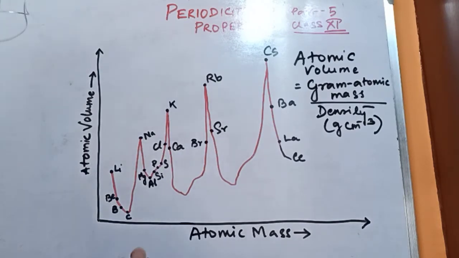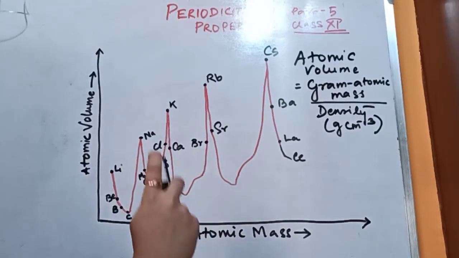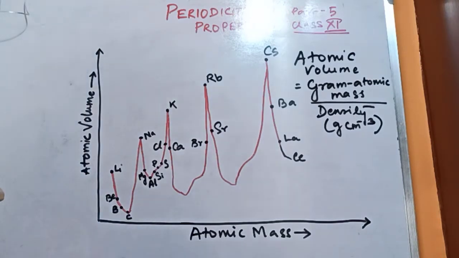The plot you are seeing is the plot of atomic volume versus atomic mass. The word atomic volume was first noticed by Lothar Meyer, the first German scientist who noticed that the physical and chemical properties of the elements are periodic functions of their atomic volume.